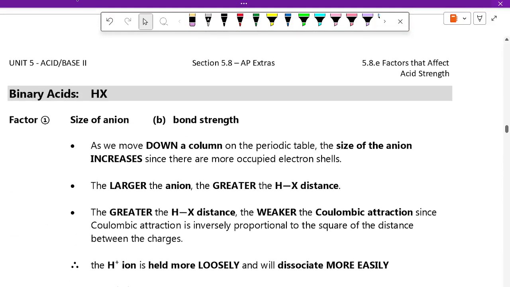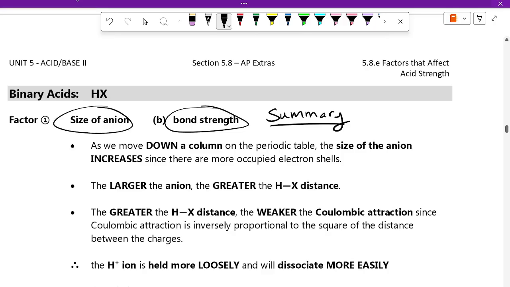Okay. So this just summarizes bond strength due to size of the anion. As we move down a column, the size of the ion increases. The larger the anion, the greater the HX distance. The greater the distance, the weaker the Coulombic attraction.